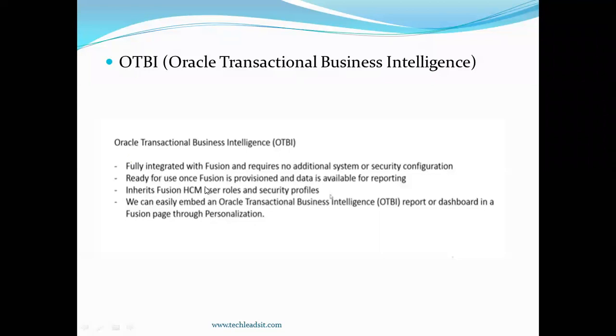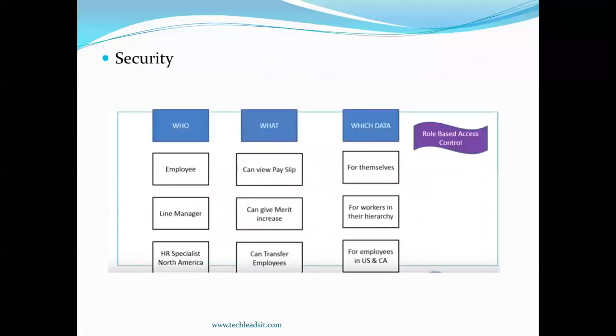If the product family setup is done and product family transactions are created, then at that time you are able to create an OTBI report directly. It inherits Fusion HCM user roles and security profiles, and you can embed these OTBI reports with personalization.